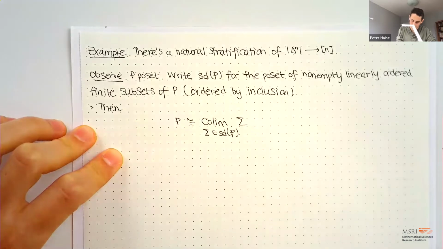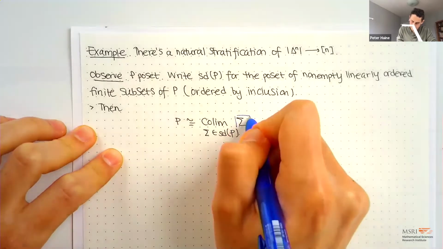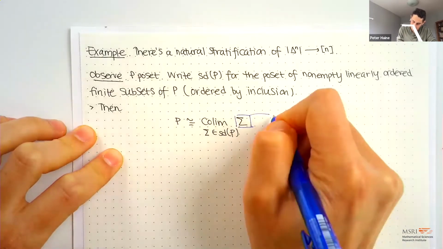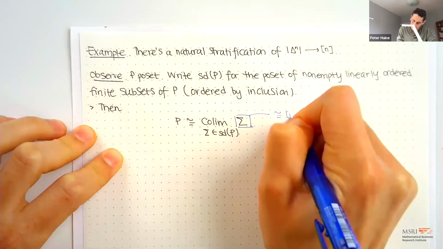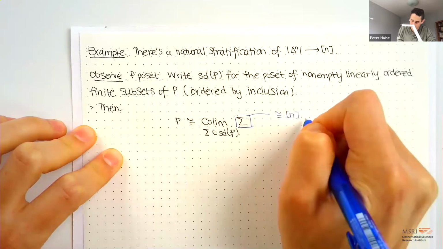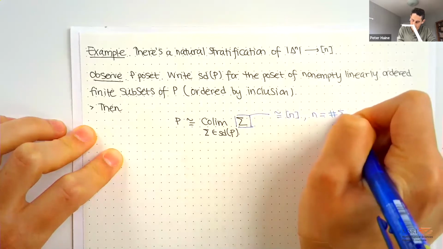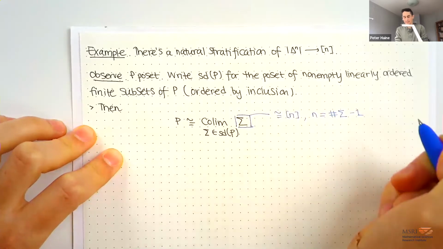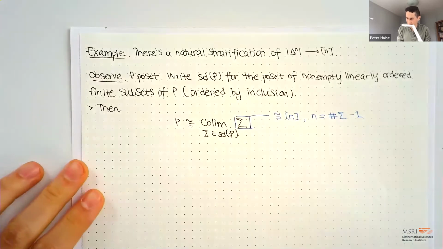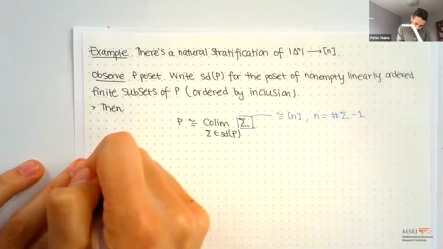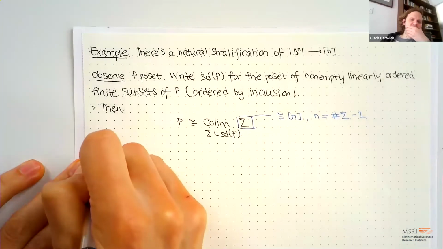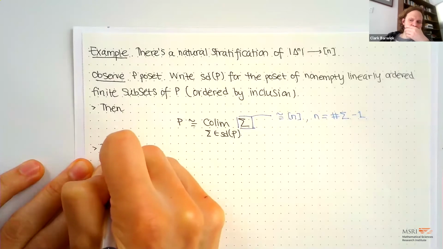Let me remark that each such subset sigma is just a copy of one of these brackets n, where n is the number of elements of sigma minus 1. So the point is the stratifications.